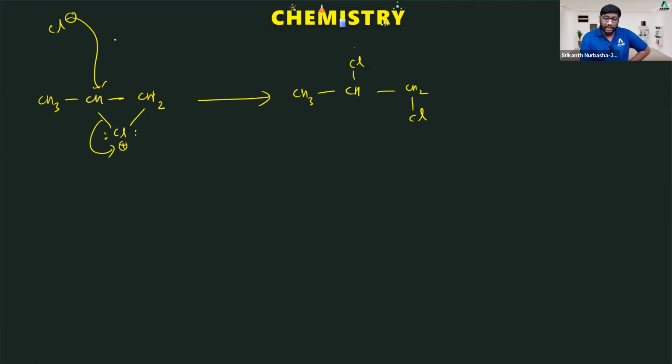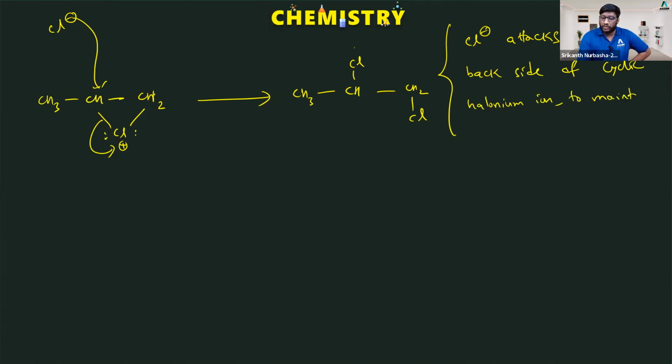And in this attack, the chloride ion attacks in the anti-direction. Cl minus attacks from the back side of the cyclic halonium ion to maintain minimum repulsions.